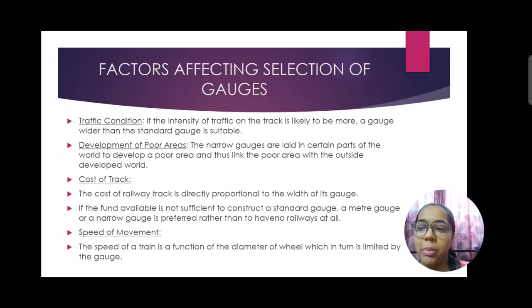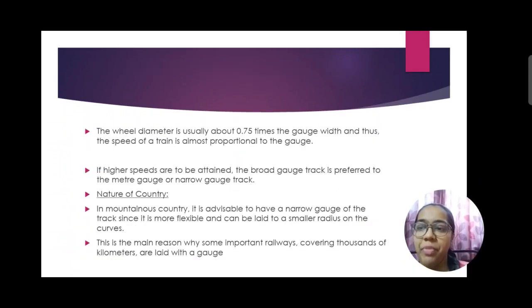Fourth, speed of movement. The speed of a train is a function of the diameter of the wheel, which in turn is limited by the gauge. The wheel diameter is usually about 0.75 times the gauge width, and thus the speed of a train is almost proportional to the gauge. If higher speeds are to be attained, the broad gauge track is preferred to the meter gauge or narrow gauge track.